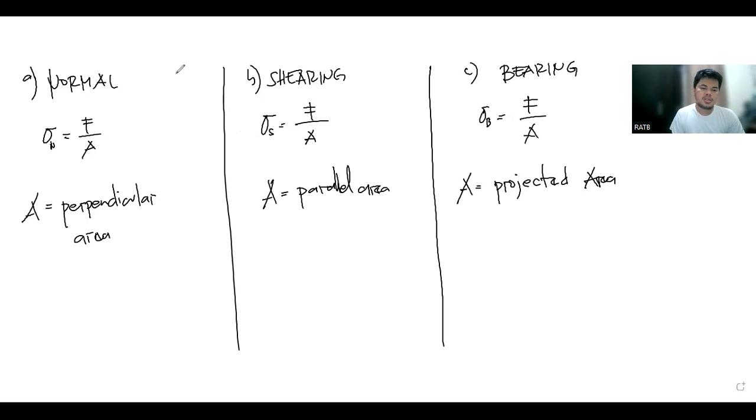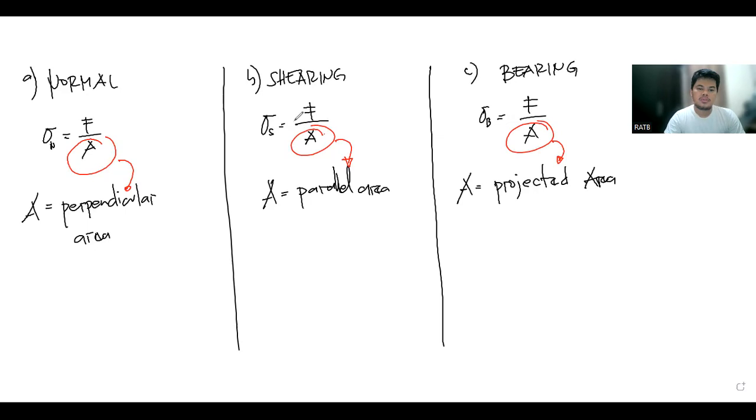Always remember that for normal stress, the area is perpendicular to the applied force; for shearing stress, it is the area parallel to the applied force; and for the bearing stress, the area is the projected area. That is the difference between the three stresses: it is the area being considered.